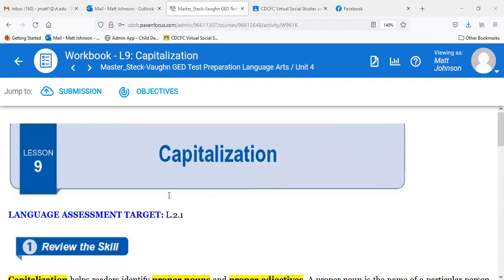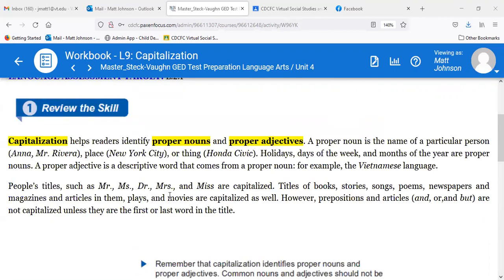So again, proper nouns, proper adjectives, and of course they add a few here, right? So we were talking about this, like a brand name, like Honda Civic. That's a specific thing with a specific title that you're going to apply to that item.